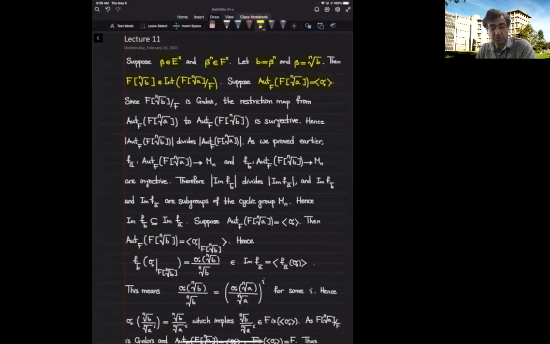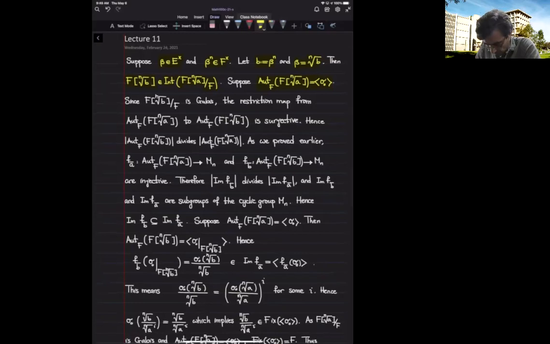From there, we can deduce that every intermediate subfield is a Galois extension. Moreover, the group of automorphisms of every intermediate subfield would be a quotient of the group of automorphisms of F joined with nth root of a over F. And therefore, all the intermediate subfields have cyclic Galois groups.